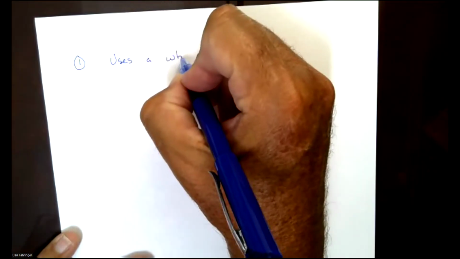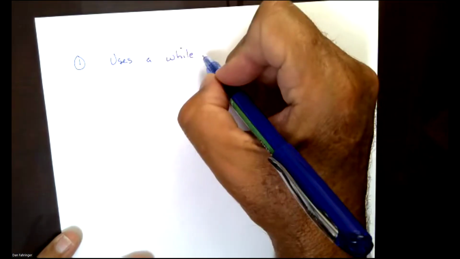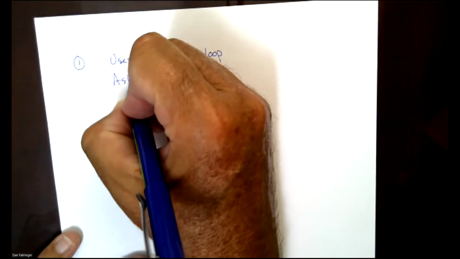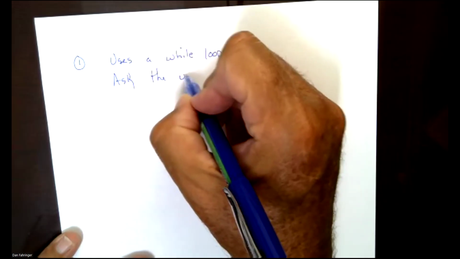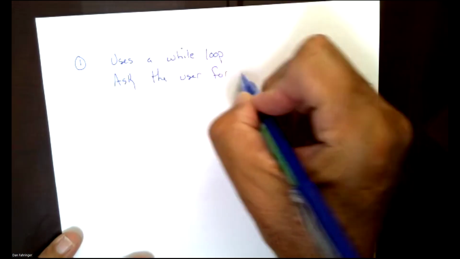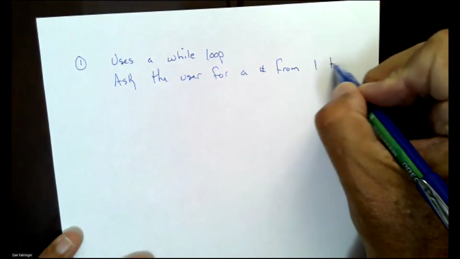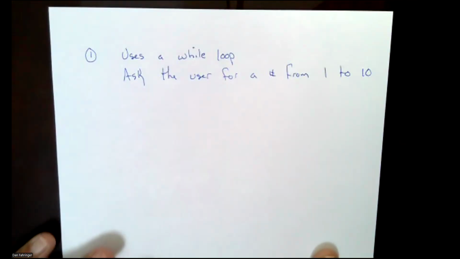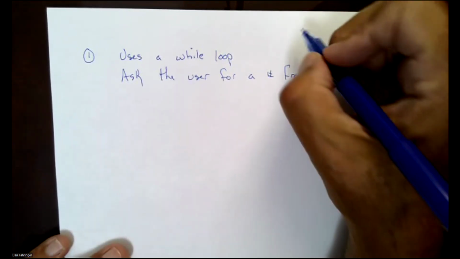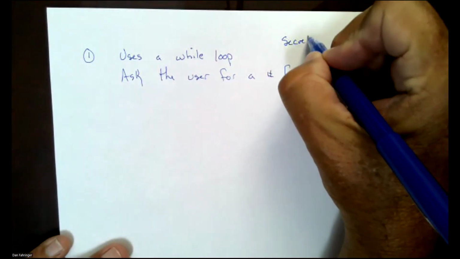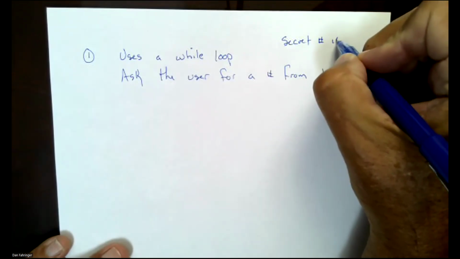Can't save us time. I want you to write a program that uses a while loop. It's going to ask the user for a number from 1 to 10. The secret number is 7.